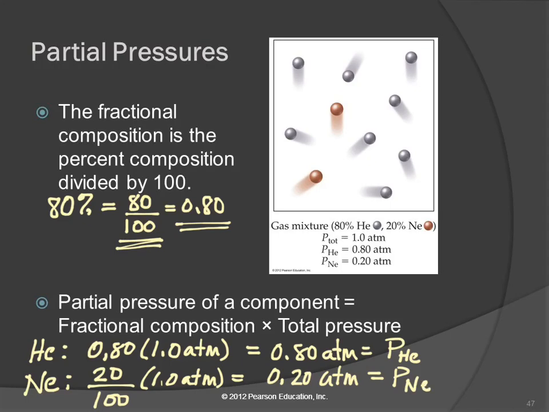So if we know the partial pressures of the gases and the total pressure, we can calculate the percent composition. Or if we know the percent composition and the total pressure, we can calculate the partial pressure. There are three different quantities going on here: total pressure, partial pressures, and percent composition. If we know two, we can calculate the third. Any questions?